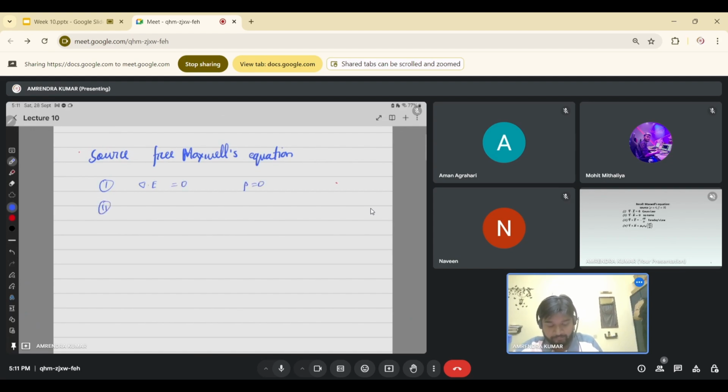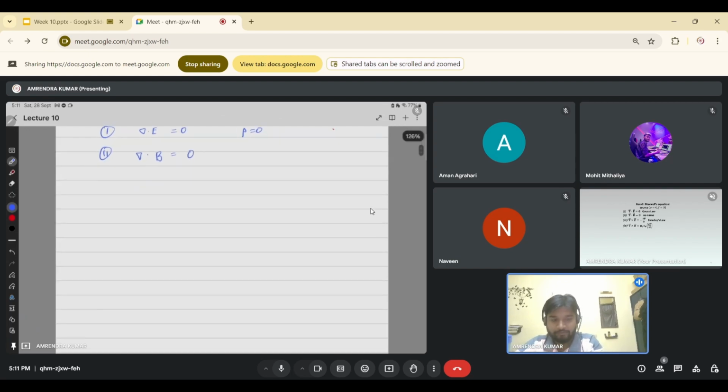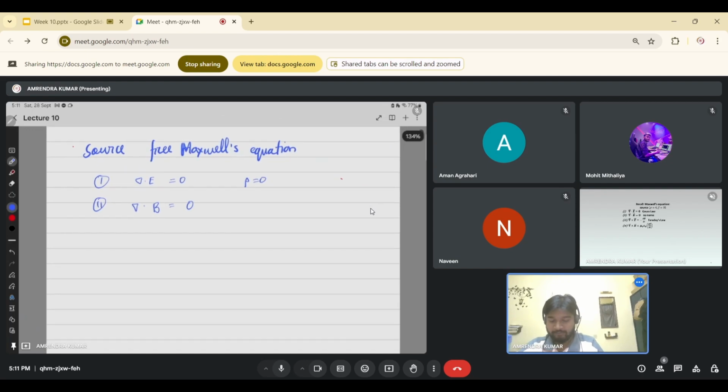The second one was no name, the Gauss law, but this one has no name. And it says that the magnetic field does not have any magnetic charges, and that means whatever is going through some surface is coming back to that. It has closed field lines.